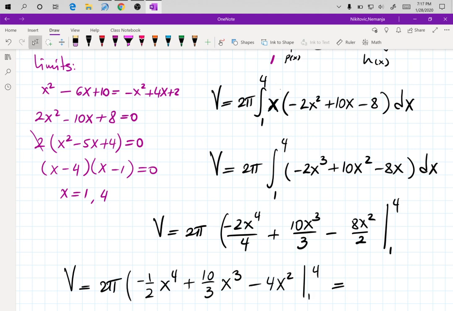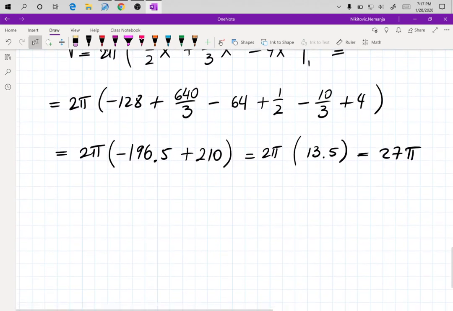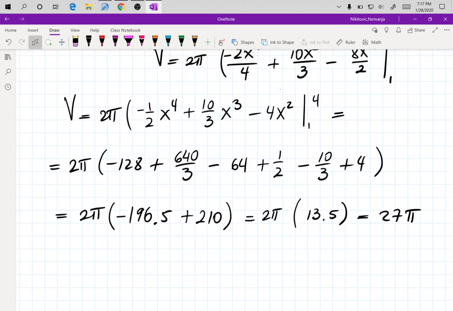Yes? You're at 196.5. You have to minus 8 from that, because you did negative 128 minus 64, then you also minus 4 of that instead of plus 4. Why minus? Oh, because I went the wrong way.